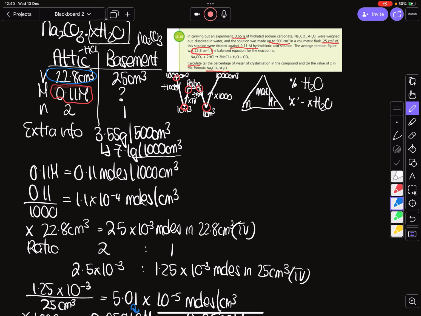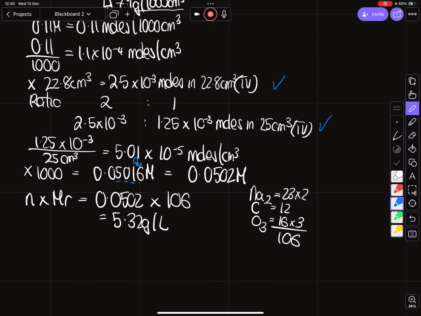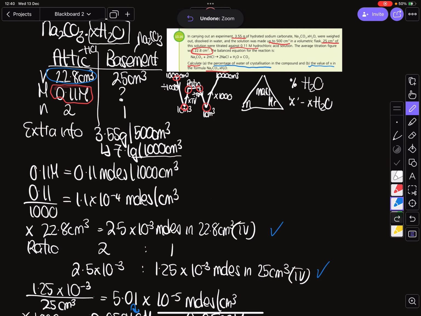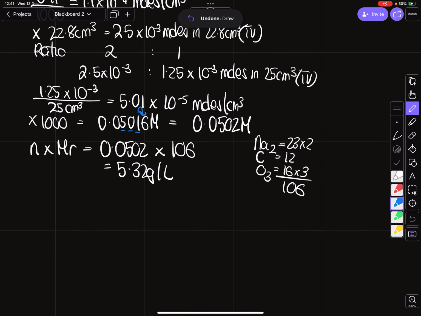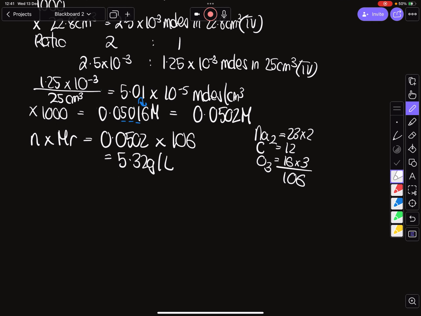So it is asking us to work out the percentage of water of crystallisation and this value of X. In a Leaving Cert question proper, there would possibly be ticks for maybe this part and this part as we go down through it, maybe for final answer, maybe for this, maybe for this. So it's very much depending on the question, but for us today, we are going to finish our piece of maths in terms of percentage water and in terms of the value of X.